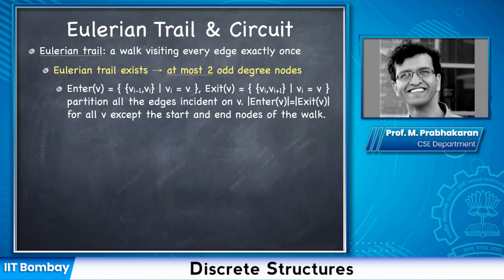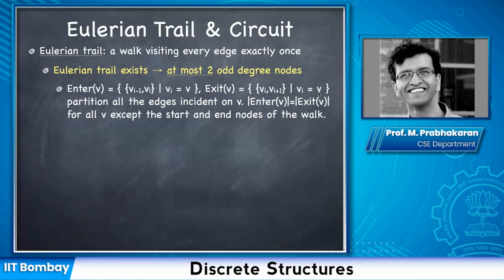Also I can talk about the edges you are using to exit this node in the walk. These are edges of the form vi, vi plus 1, again where vi equals v. And since it's an Eulerian trail, all the edges incident on v should be taken. So you'll have to use each such edge to either enter v or exit v.